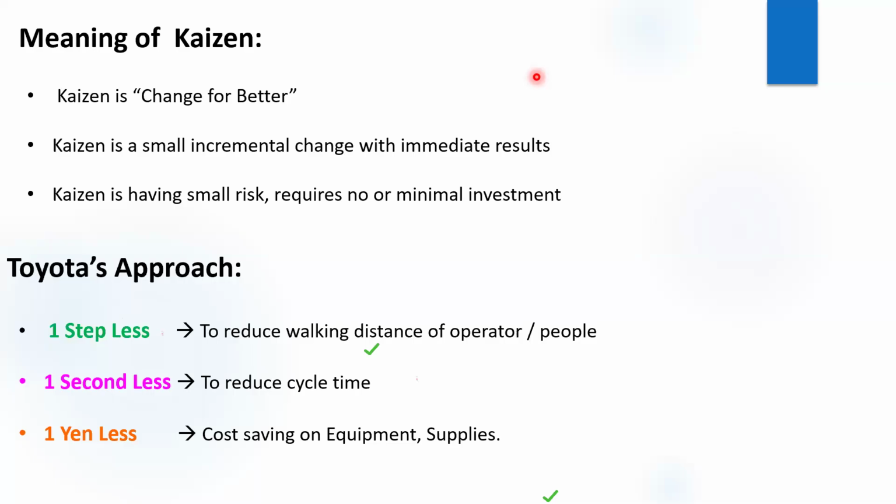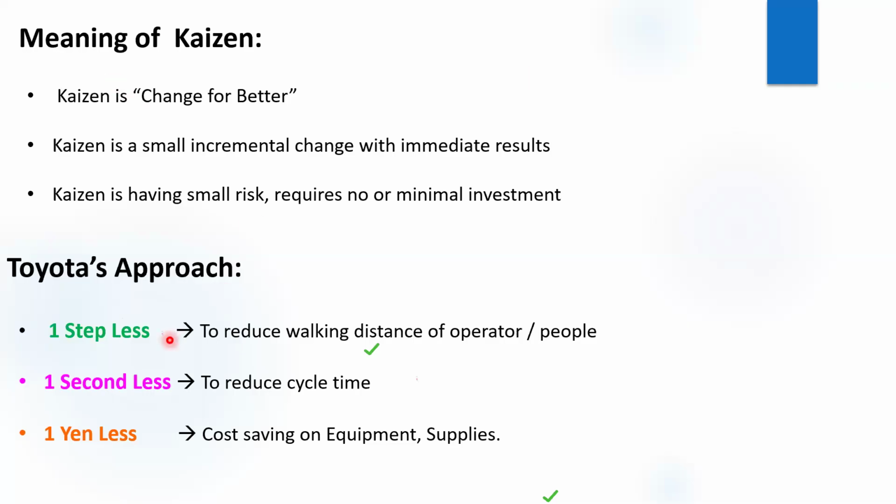He was doing this after every 30 minutes, not for every job, going again to check on that gauge and coming back. Just imagine the walking distance. Every 30 minutes he needs to walk 100 feet. So if you reduce 10 steps, 15 steps, 20 steps, that is Kaizen.